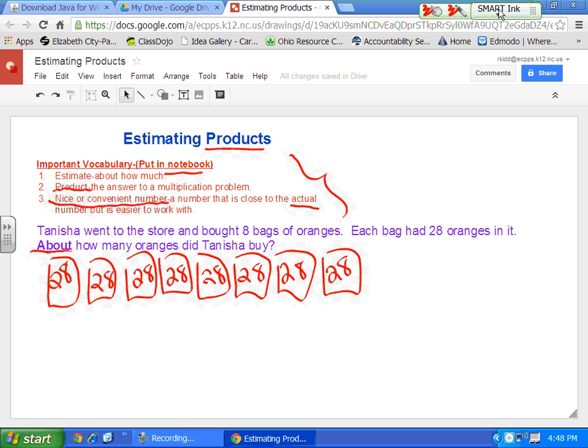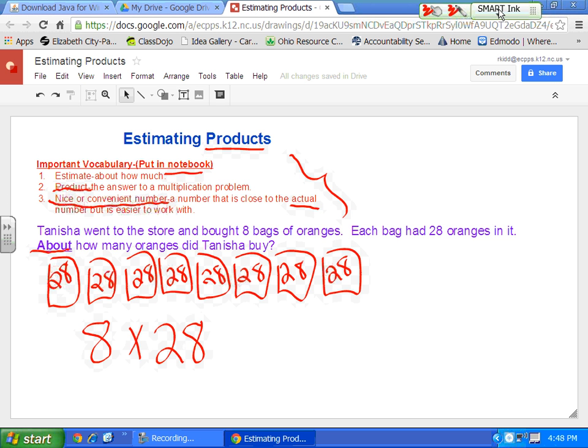In this case, I know that I need to multiply 8 times 28. My 8 bags times the 28 in each bag. 8 28s will give me the total amount. So I've created my plan, so I know I need to multiply.